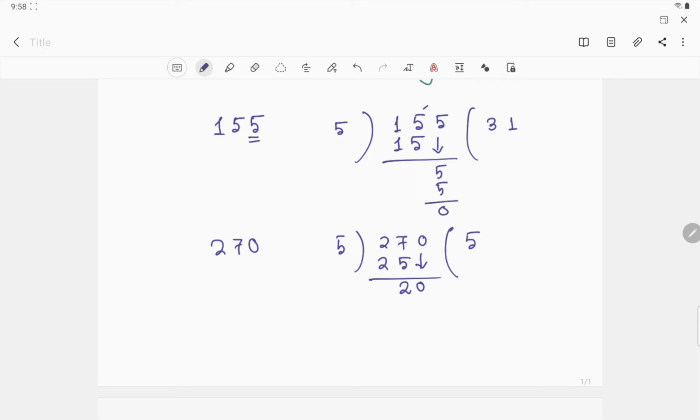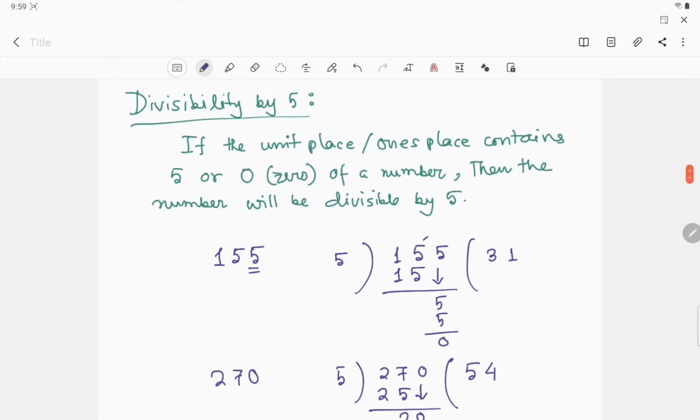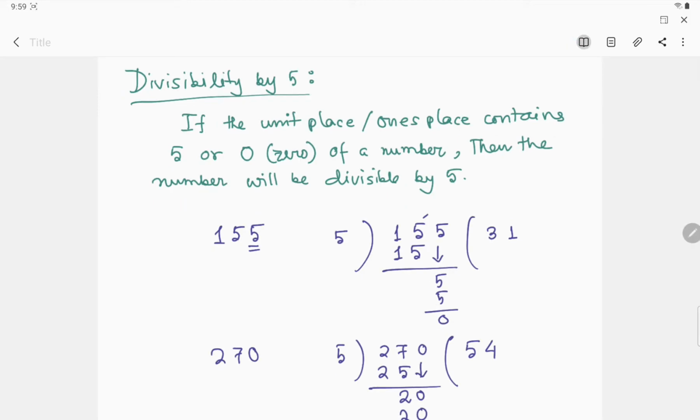Now 5 4s are 20 and the remainder is 0. So we can easily say a number is exactly divisible by 5 if the digit in the ones place is either 0 or 5, right?